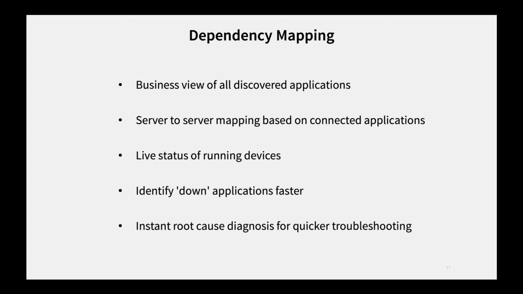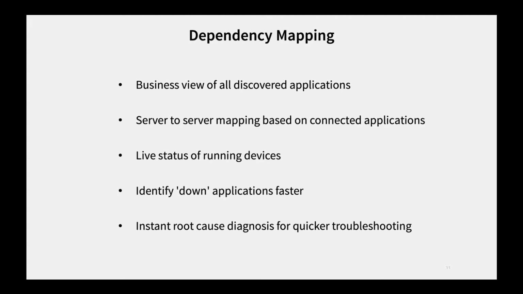So a problem with any particular element or any particular server, how does it affect other connected applications, and how could it possibly impact other connected applications and servers? So that kind of analysis becomes easier with dependency mapping.